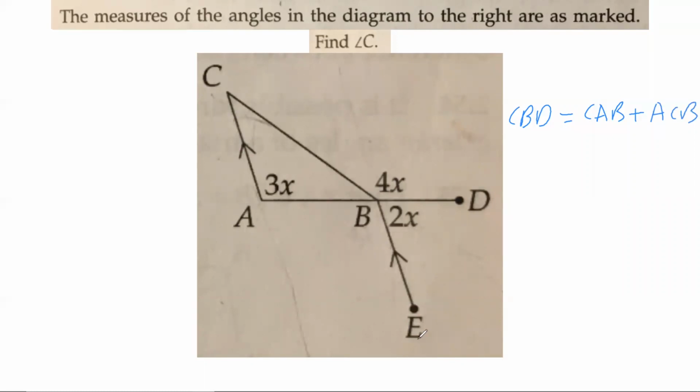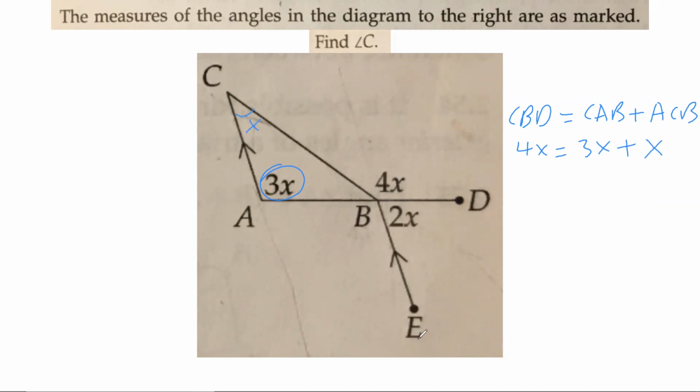Since they gave you that CAB here is 3x, and they gave you that CBD is 4x, that means that ACB is x. So this angle here is x.